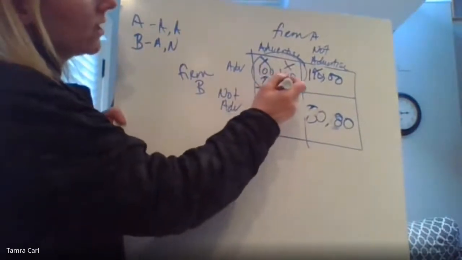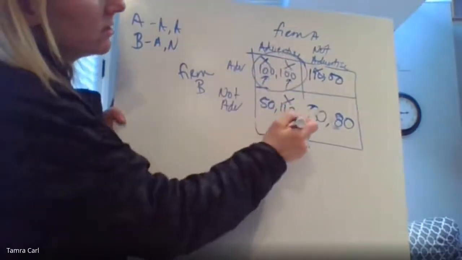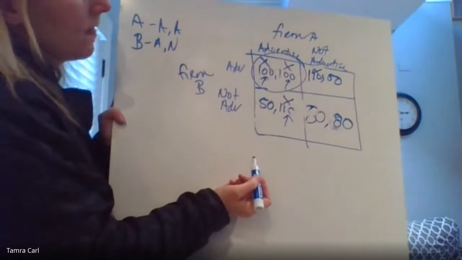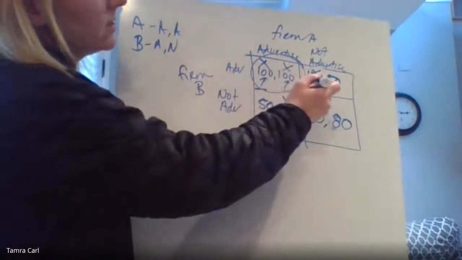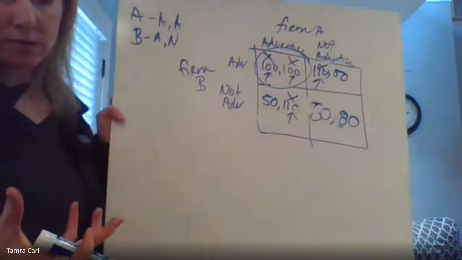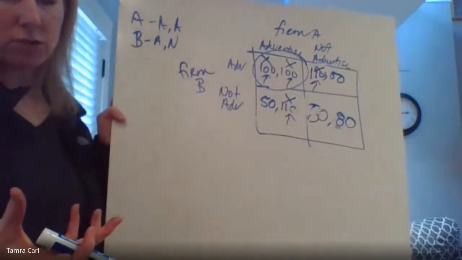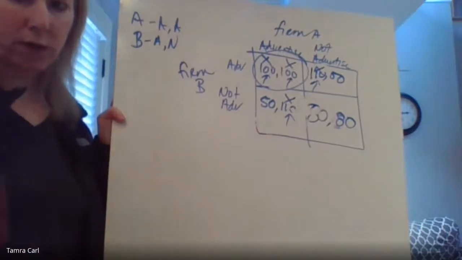So it would be 50 out of here, 50 out of here. This here is the advertising, right? And over here, they're advertising, so you would have this one too. So that's where you'd have to subtract the 50 out. Students sometimes have trouble with that, but that's another way they create these problems for Nash equilibrium.